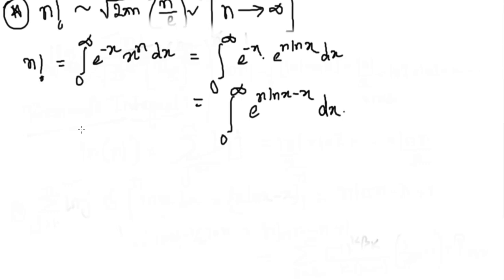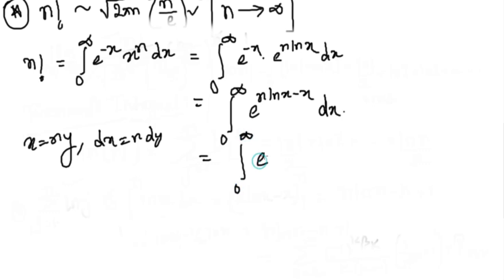Now from this point we'd like to introduce the substitution x equals ny. So this will give us dx is equal to n dy, isn't it? That will give you the integral from 0 to infinity of e to the power n ln of ny minus ny dy.